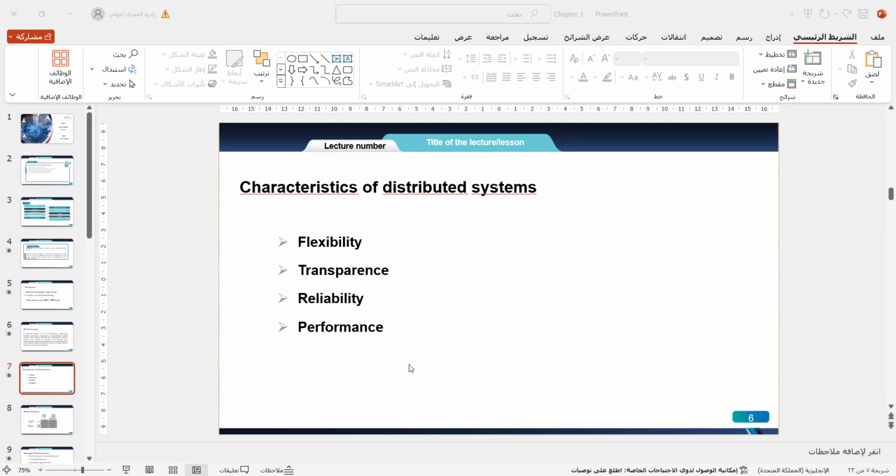Distributed systems offer a number of advantages over monolithic or single systems, which are scalability and flexibility, fault tolerance, reliability, speed, and distribution. Now we are talking about the advantages of distributed systems.